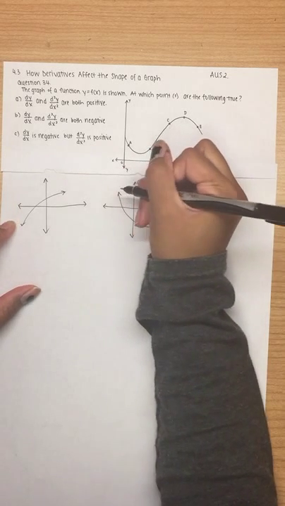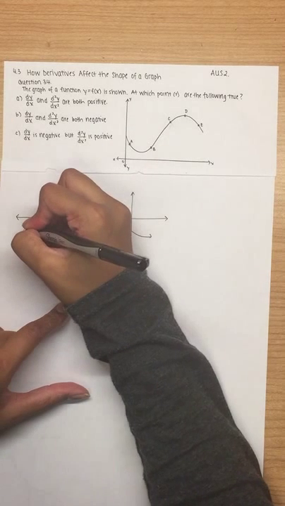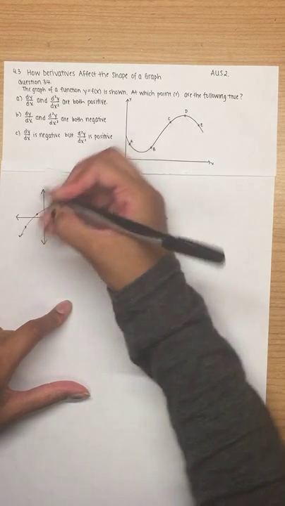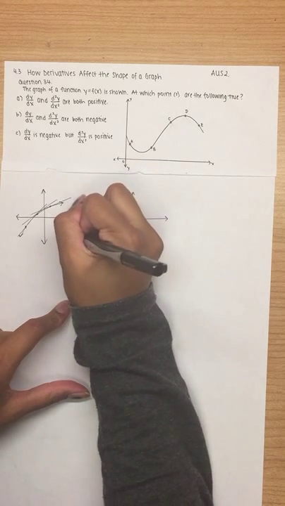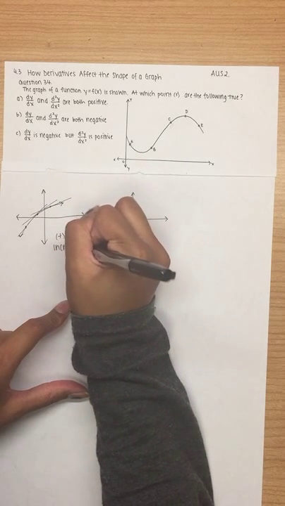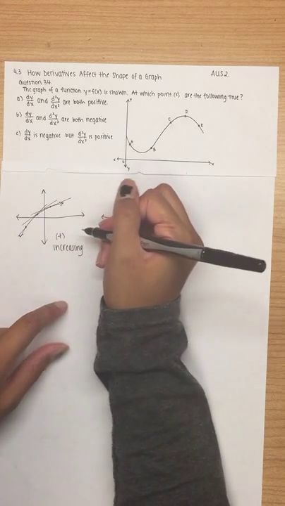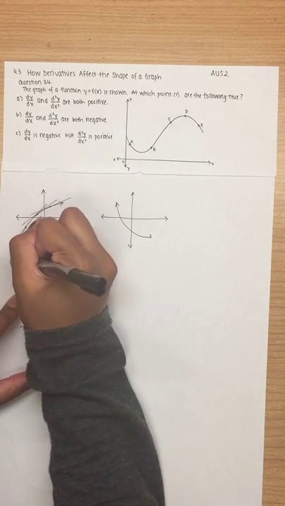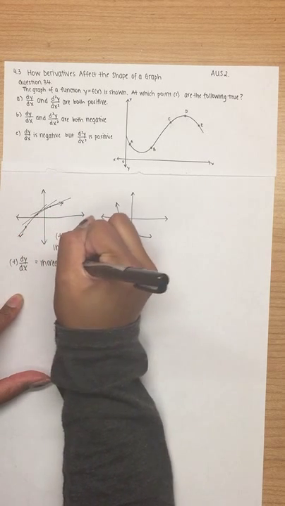So pretty much the first derivative is the slope of the function, right? So we're going to take the instantaneous slope at various points on this function. The slope is positive and the function is increasing. So the relationship is that when the first derivative is positive, the function is going to be increasing.